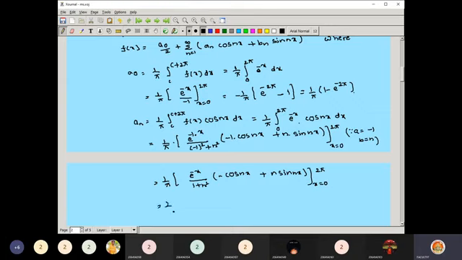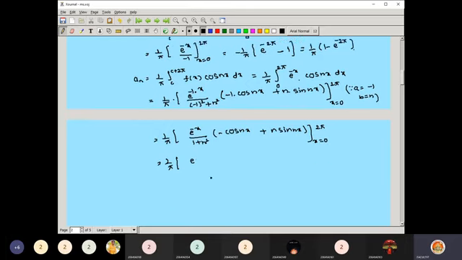So when I go to upper limit, 1 by pi, e power minus x at 2 pi divided by 1 plus n square into minus cos n into x at 2 pi, and plus n into sin n into x at 2 pi. So upper limit is over.